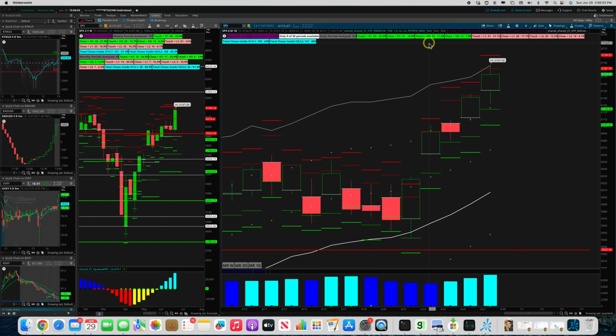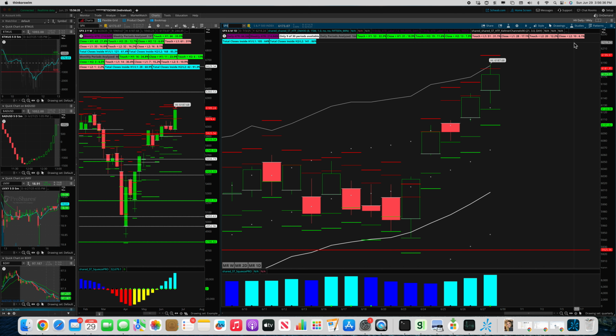So if we're talking about the H2, it only touches the H2 11% of the time, and it only closes above the H2 7.9% of the time. If we're looking at those lower levels down here, SPX tends to touch the L2 12% of the time, but it will only close below it 6% of the time.